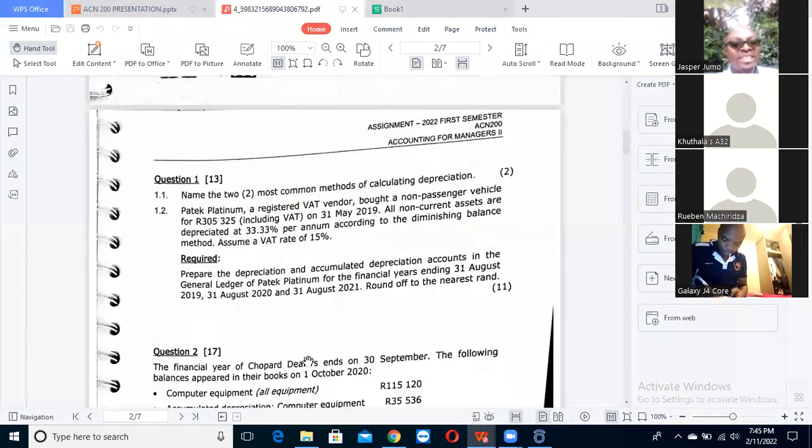And then we are asked to prepare the depreciation and accumulated depreciation accounts for the year ending 31 August 2019, 2020, and 2021.